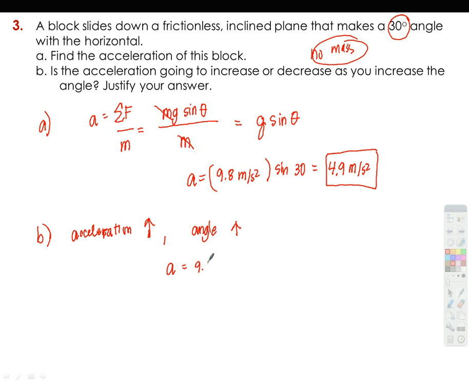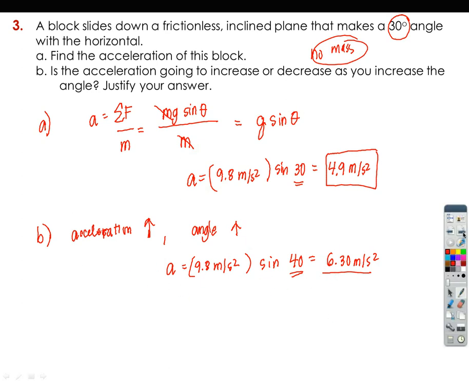Let's say, for example, instead of 30, you have an angle that increases to 40. So from 30 to 40, what will happen? 9.8 times sine of 40 is around 6.30 meters per second squared. So see what happened to the acceleration. It increases also. Okay, so that's number 3.